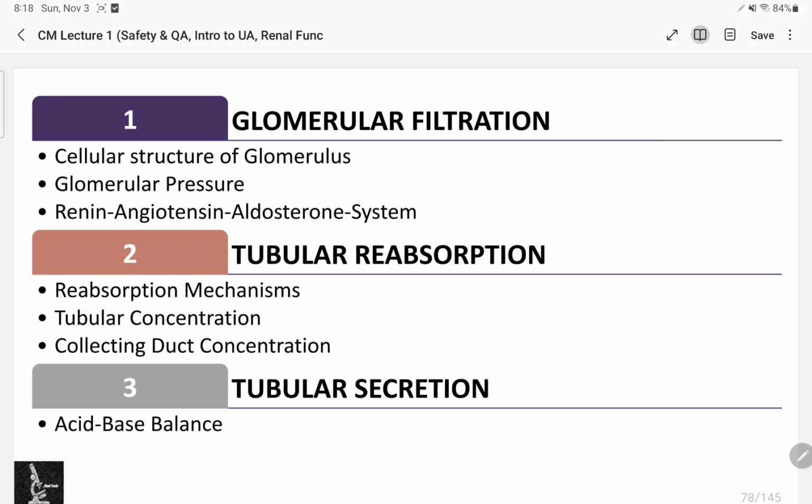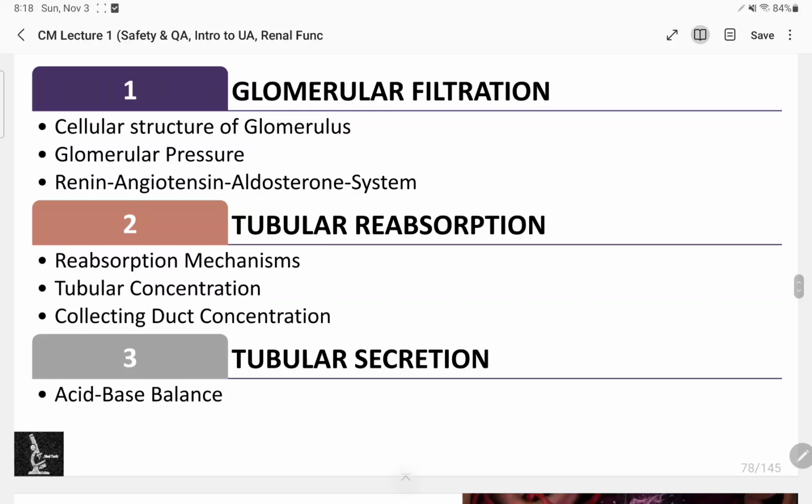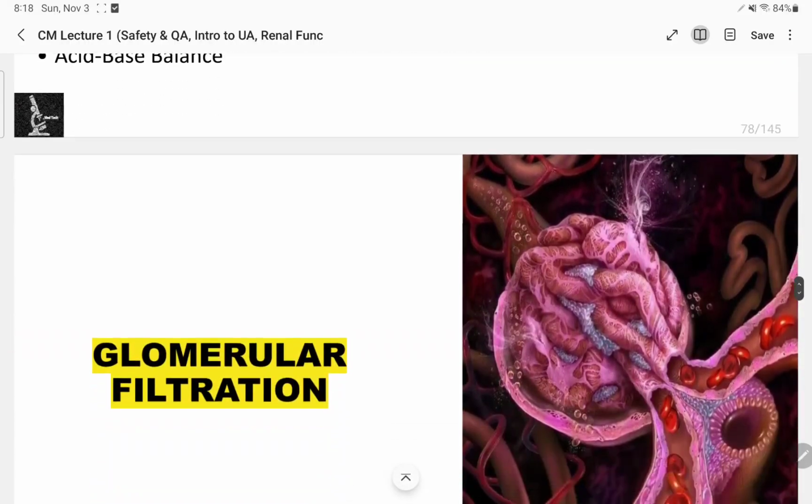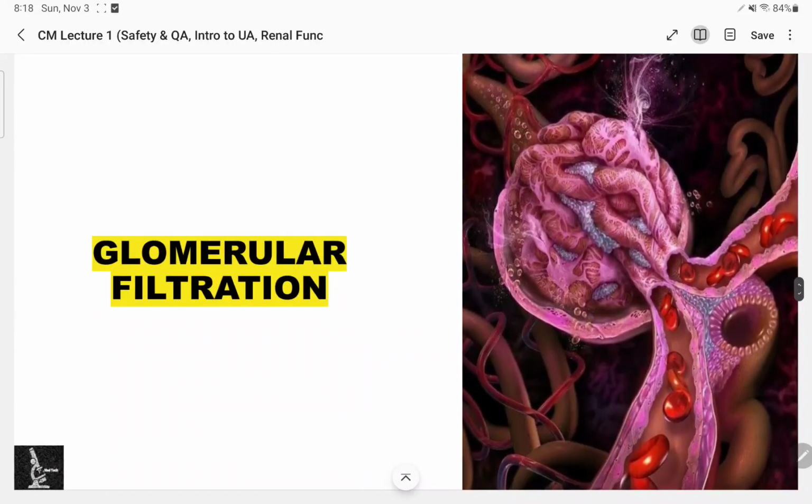And then after that will be tubular reabsorption mechanisms of our PCT and DCT, tubular concentration, and even your collecting ducts' concentration. And of course, tubular secretion, whose function is to maintain our acid-base balance. Okay, so we will go through these as we go on with our discussion. So first is glomerular filtration.